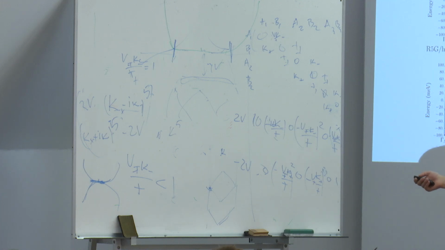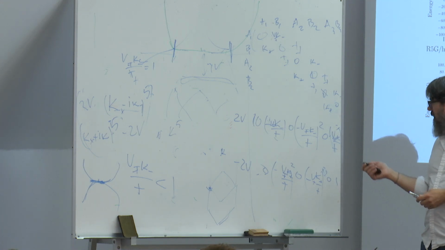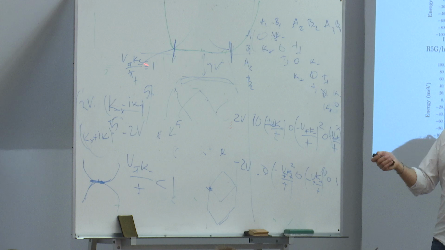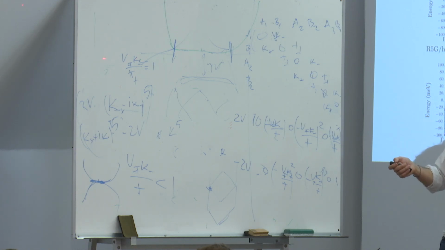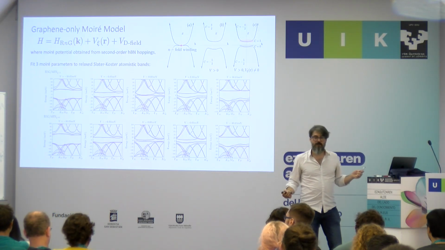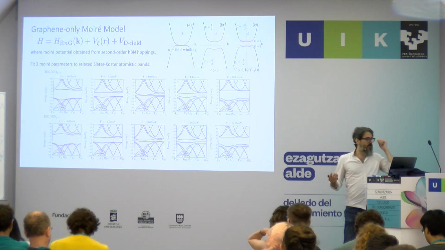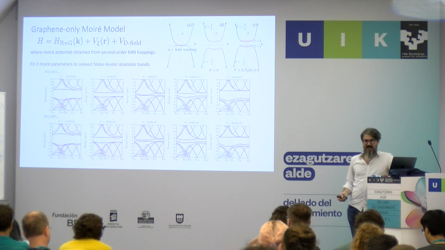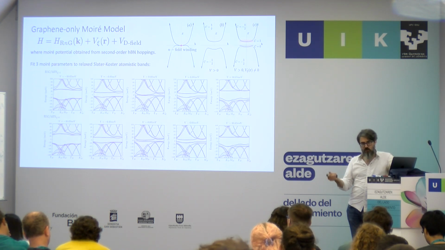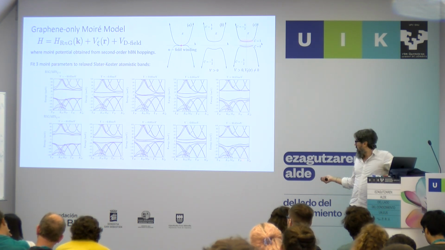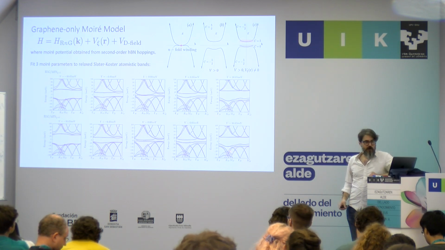If this is less than 1, and this number is about 0.6 in the moire, so if I plug in the moire scale for K, this would be about 0.6. So 0.6 to the 5th is very small. So these electron bands don't feel the moire. They actually feel the moire to less than 0.1%. In other words, the change by adding or not adding the moire is 0.1% in the wave functions, whereas the valence bands do feel the moire.